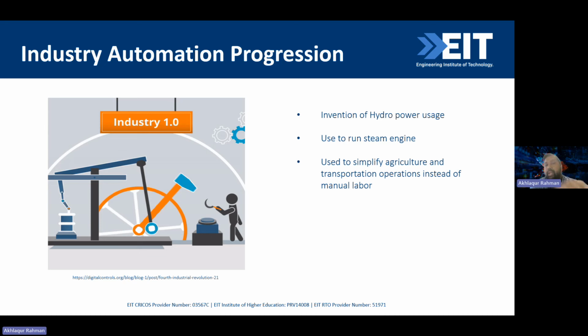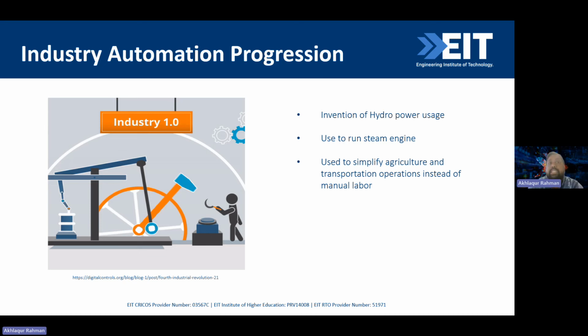Automation is not the right term at that point, but some sort of mechanization. So when we say Industry 1.0, we are talking about maybe 250 years back, where people learned how the flow of water, or hydropower, can be used. So they used it for mechanization.